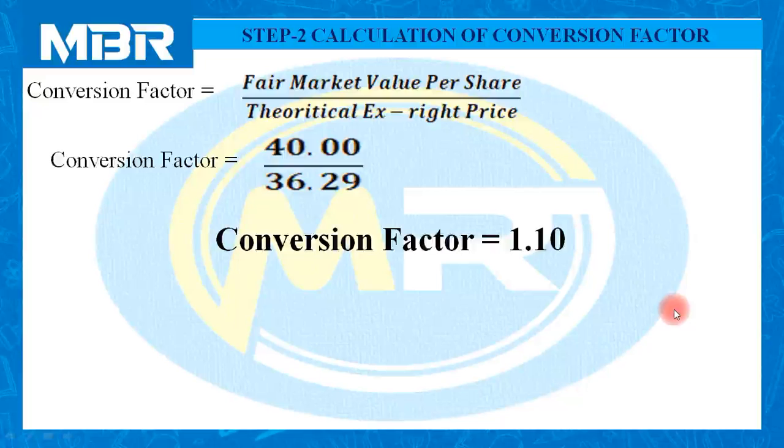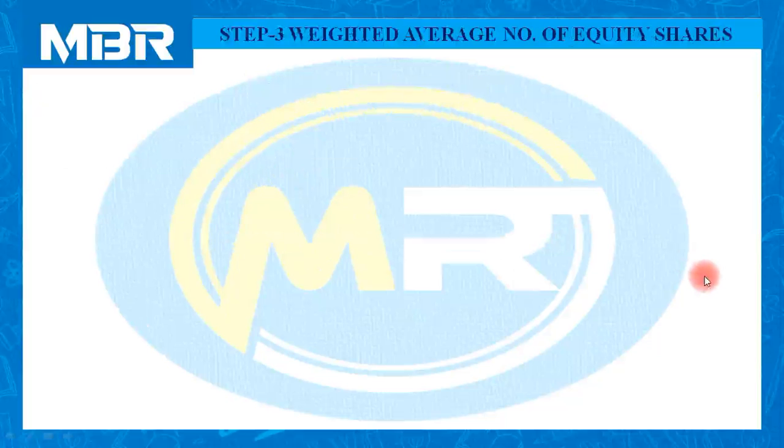After discussion of step number 2, calculation of conversion factor, let us move to the most important part of our calculation, and it is step number 3, calculation of weighted average number of equity shares.